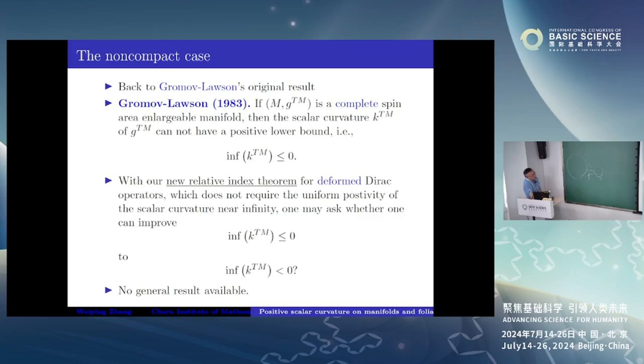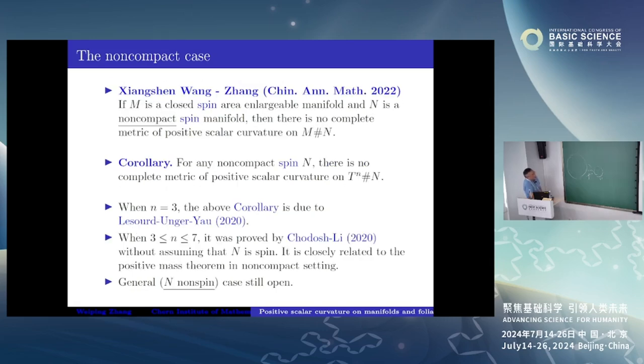But in the special case of connected sum, recently we can show that if M is a closed spin area enlargeable manifold, and N is a non-compact spin manifold, then there is no complete metric of positive scalar curvature on the connected sum.